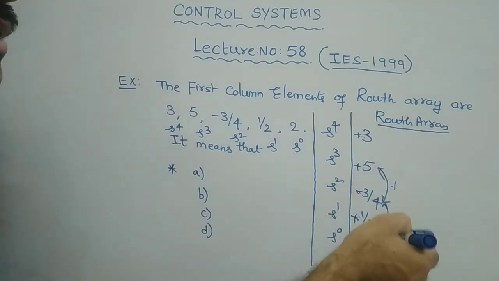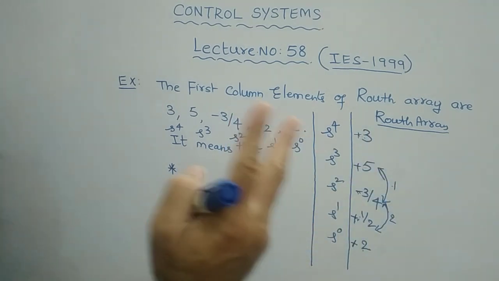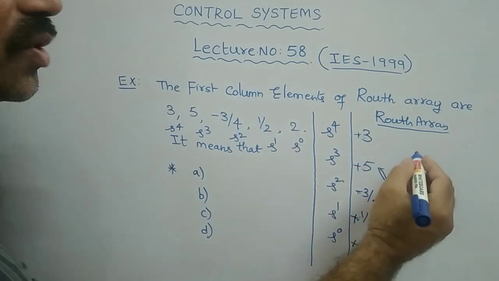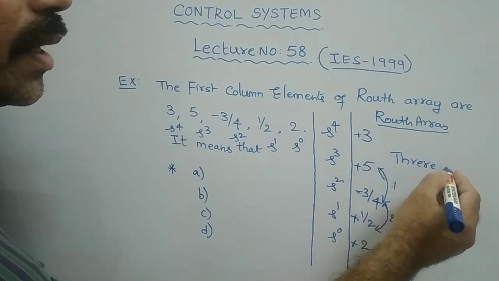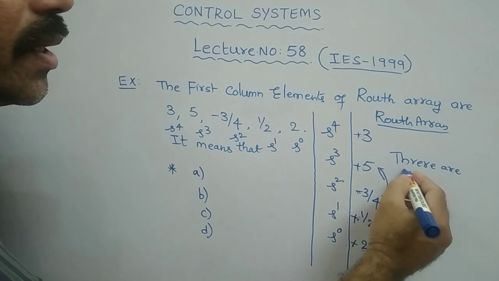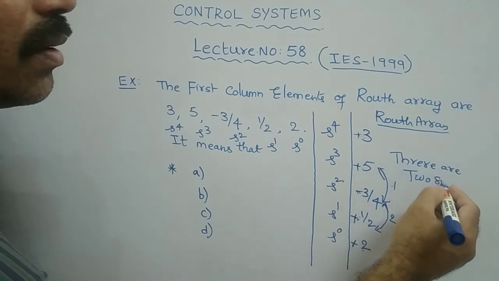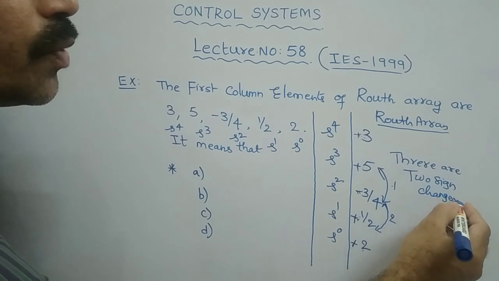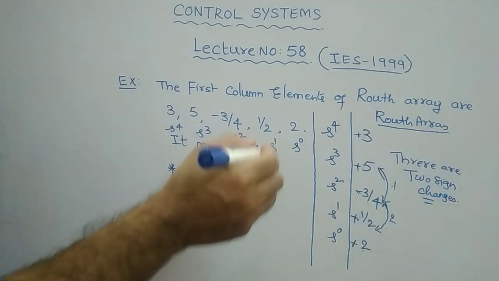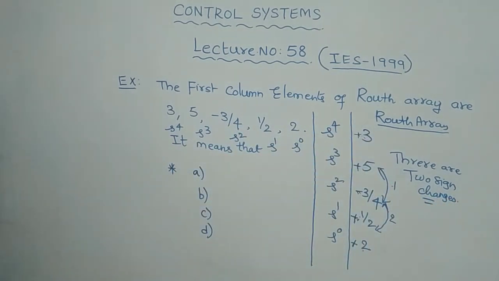So how many sign changes are there? 2 sign changes are there. You can write this also for your understanding.